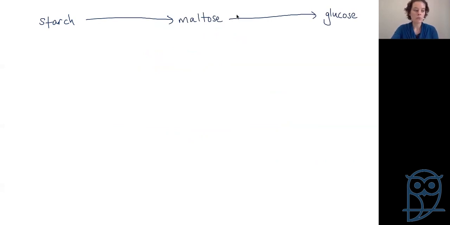Starch to maltose happens in two places. And we have salivary amylase. That should give you a good clue of where it is. Salivary amylase is in the mouth. And we have pancreatic amylase. So pancreatic comes from the pancreas. So you should know where this is happening as well.